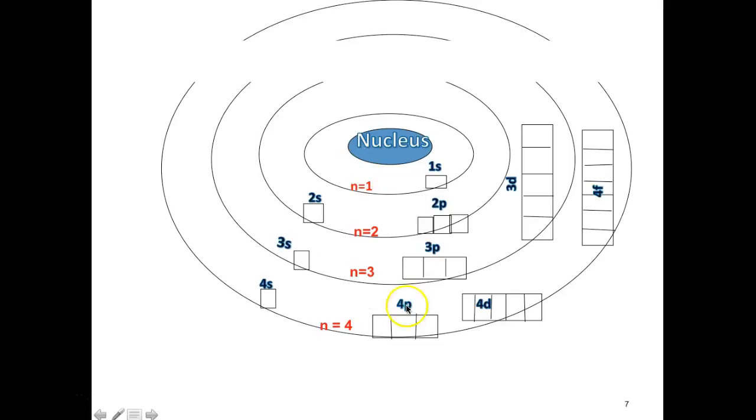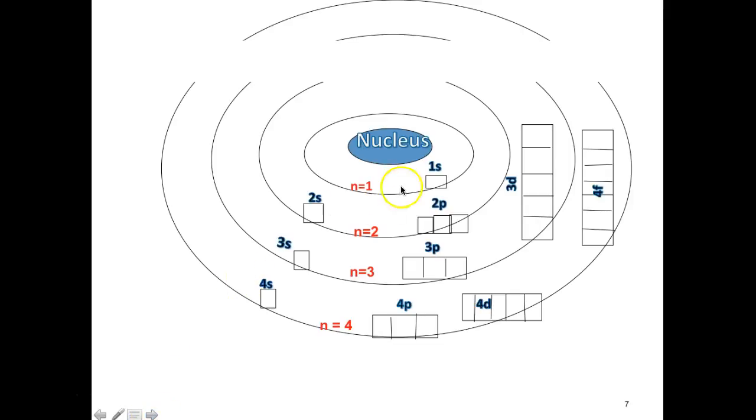That corresponds with periods 4 and 5, which have 18 elements. And then n equals 4 has 32 electrons, and that compares with period 6, which has 32 elements because you have the lanthanides. Period 7 should have had 32, but it has only 29, and I explained why that is the case in the previous video.